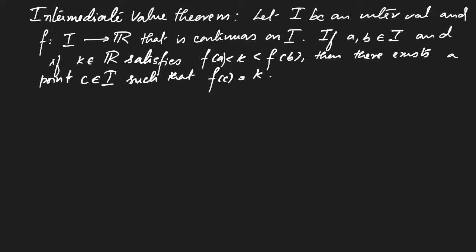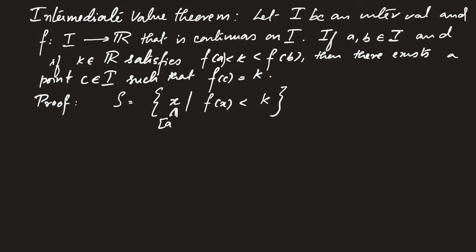So we already know that we have to use the LUB axiom to prove this theorem. How will we use this? What do we want to show? We want to show that the function takes the value k at some point. So we look at all the x's. I define a set S to be the set of all x in [a, b] such that f of x is less than k.